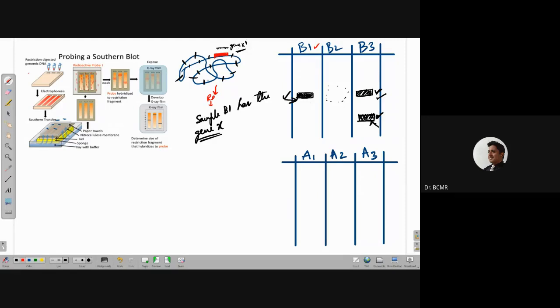What may happen is that, say, this is the whole of gene X. This fragment, which I'm indicating in a different color, from here to here is a larger fragment compared to from here to here. So one can give a bigger fragment corresponding to a larger size, and one can give a fragment corresponding to a smaller size.